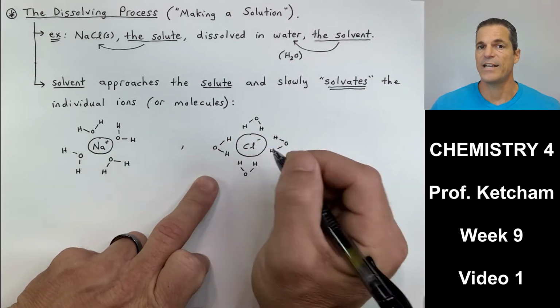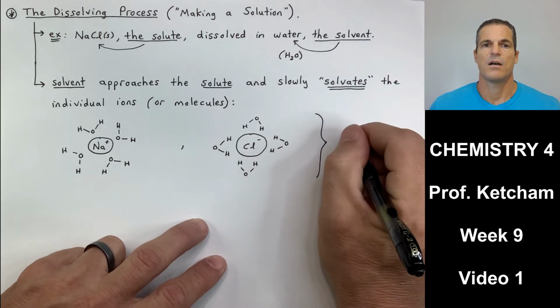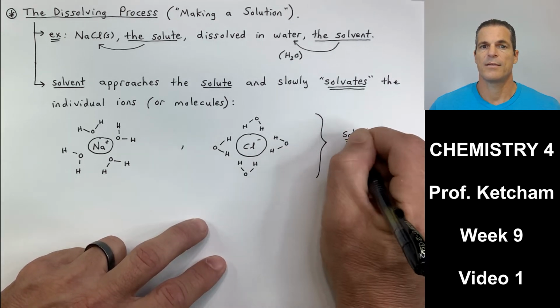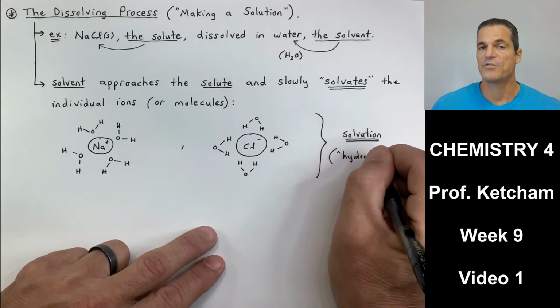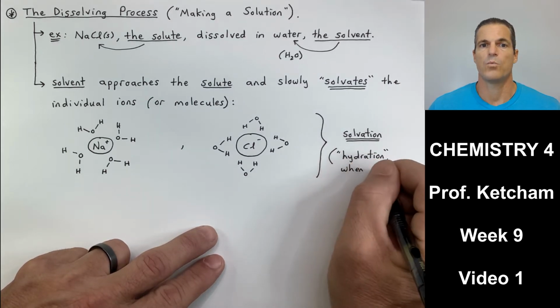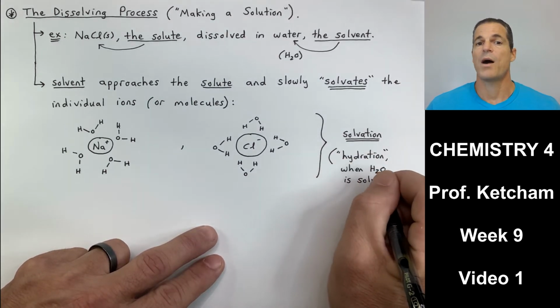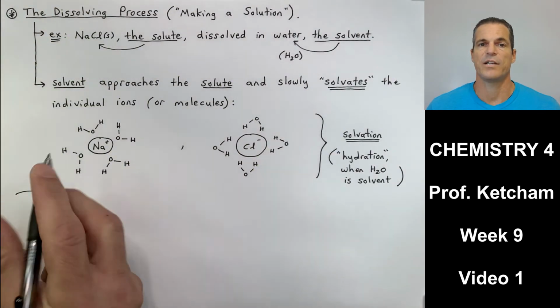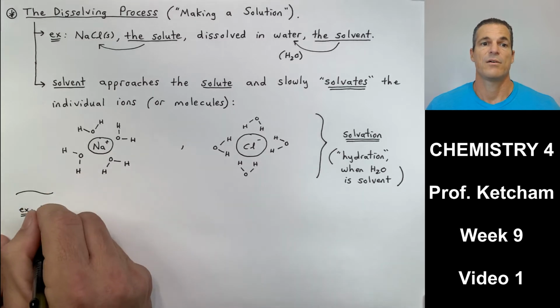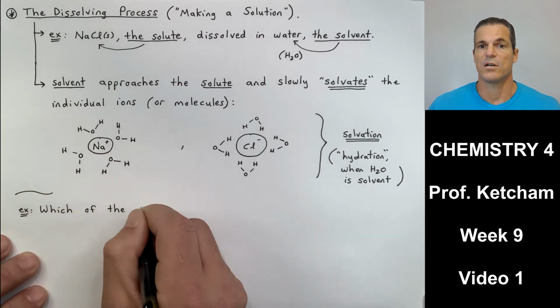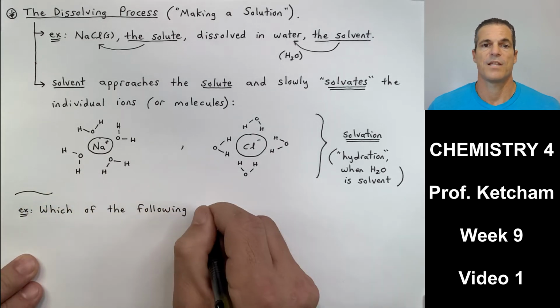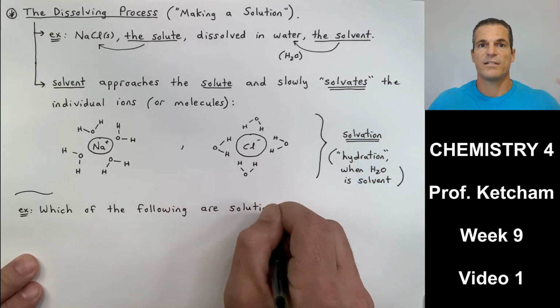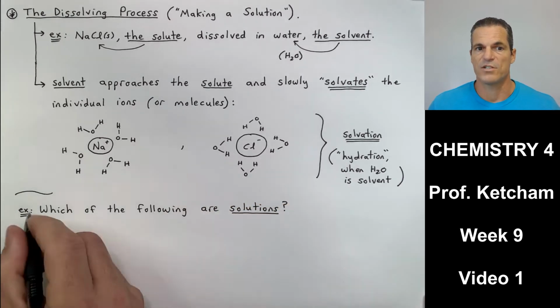Likewise, the Cl minus ions are all going to be hydrated by the hydrogen ends of the water molecules. So I've got the positive ends of water interacting with Cl minus, and the negative ends of water interacting with the Na plus. Now, when water does this process, it's called hydration. In general, though, with any type of solvent, it's called solvation.